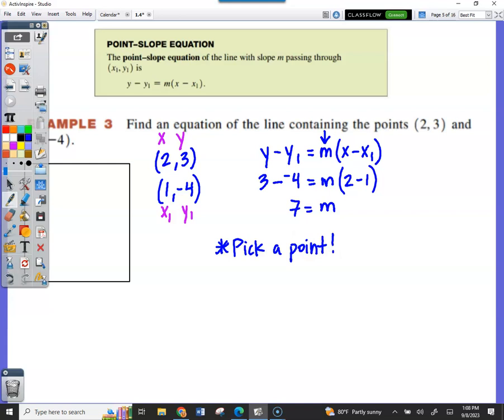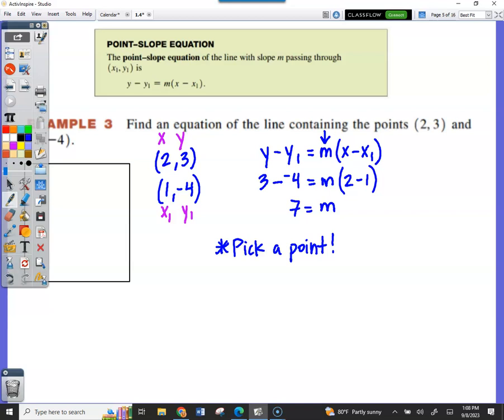I'm going to pick smarter, not harder, which means if I've got smaller numbers or no negatives or any zeros, those are the ones I pick. Smaller numbers, pretty numbers, zeros, no negatives. Those are the ones I go towards. So I'm going to pick (2, 3). Doesn't matter though. You could pick (1, -4), plug it in, do it right.